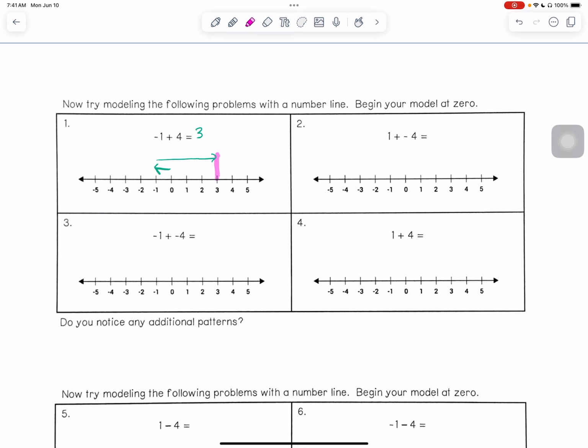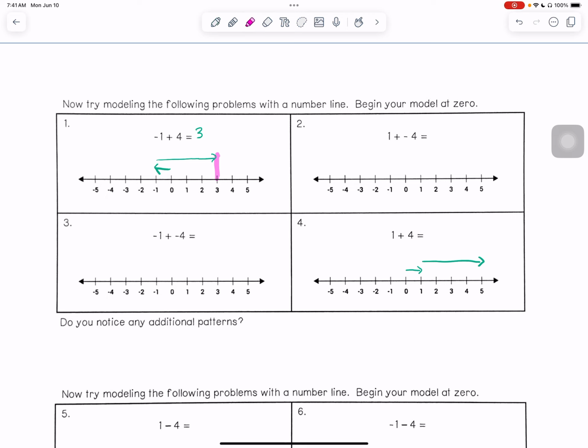Do the first number first on the number line, and then do whatever it says to do for the second number. So I want you to draw the lines. I'm going to do one more example for you. Down here, number 4, it says 1 plus 4. Starting from 0, we have 1, and then it says plus 4, so now we go from 1 and add 4.